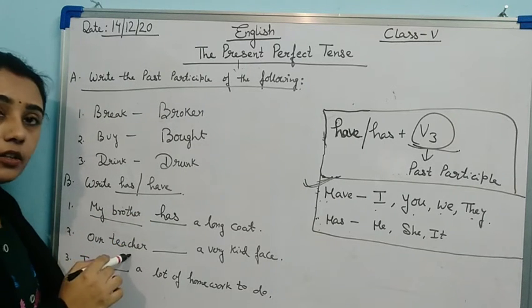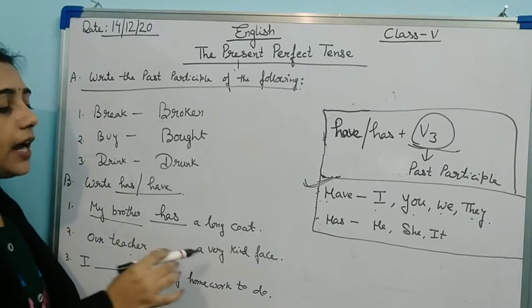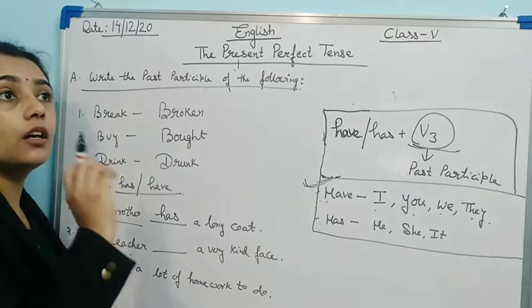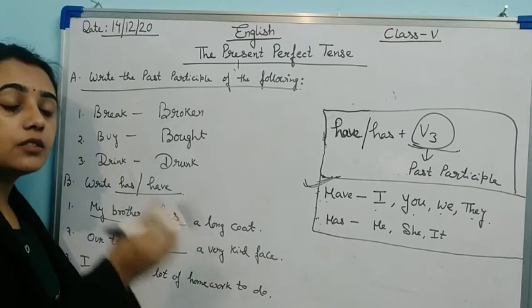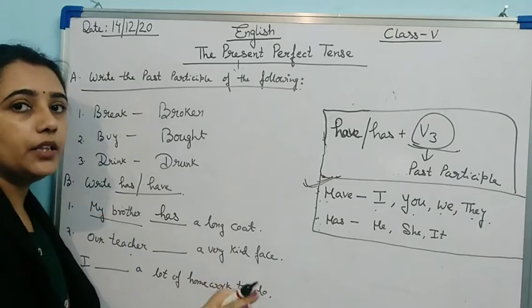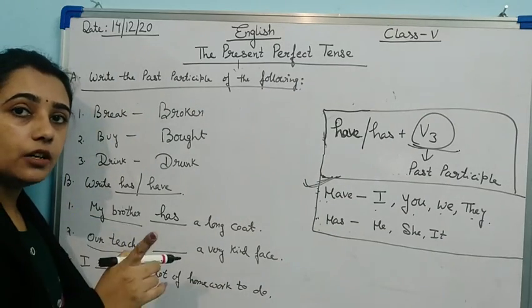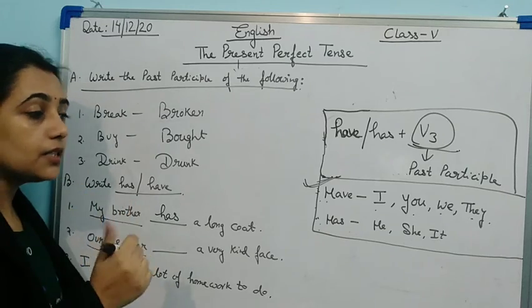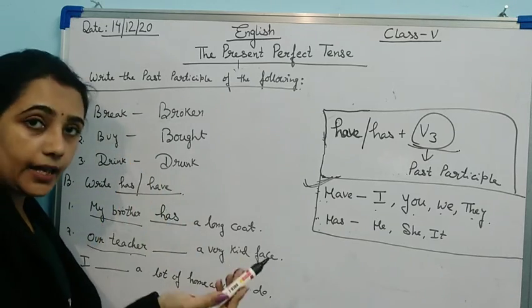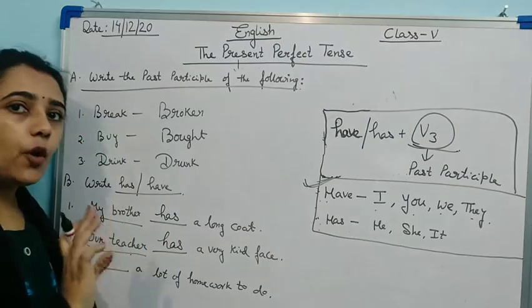Now, our teacher. Our teacher is a single person. Our teacher has a very kind face, cruel face, happy face, or our teacher is very jolly in nature. Whatever be the reason, I am concerned with only our teacher. Our teacher is a single person and our teacher has. Is it clear? I think the concept is clear.